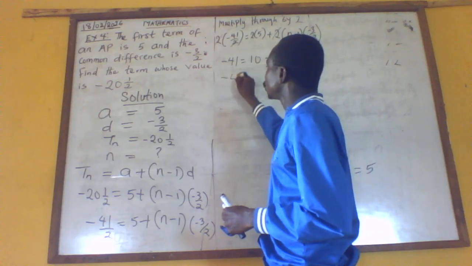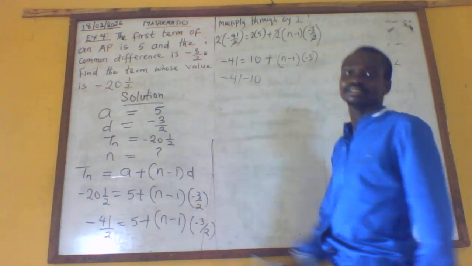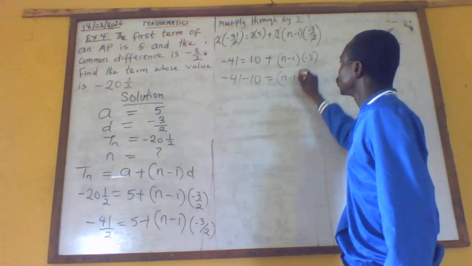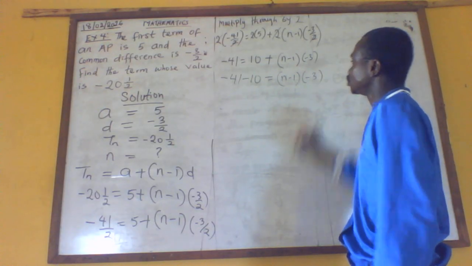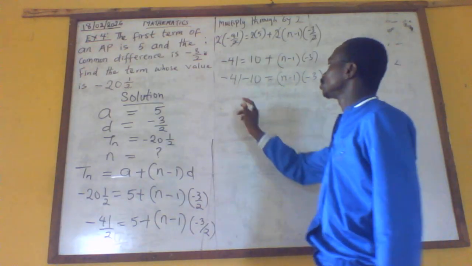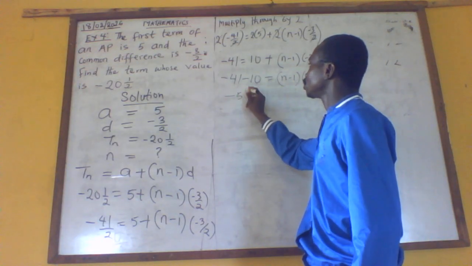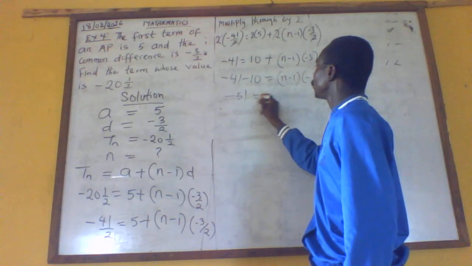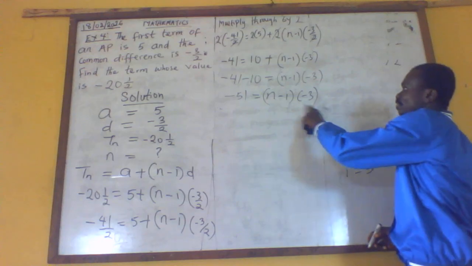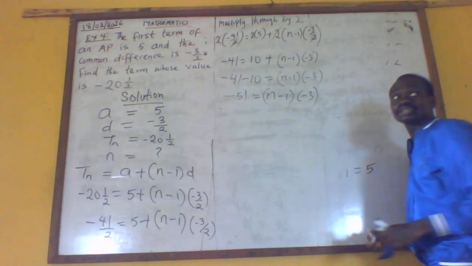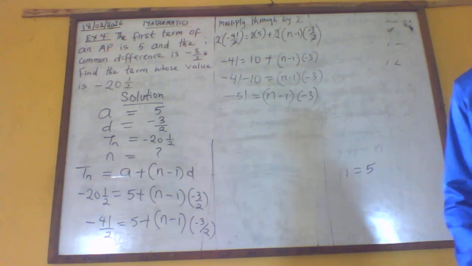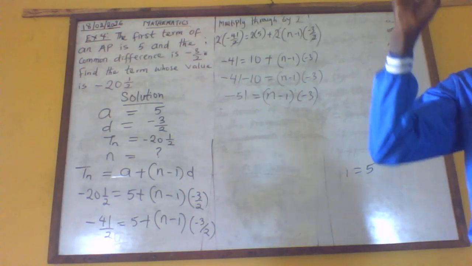So we have minus 41 minus 10 equal to (n minus 1) multiplied by minus 3. Minus 41 minus 10 should give me minus 51. So I have (n minus 1) into minus 3. So I can divide both sides by minus 3, or I can multiply by the reciprocal of minus 3, that is minus 1 over 3.